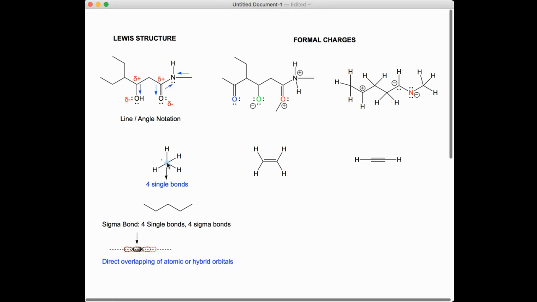And any carbon having 4 single bonds, every single bond will be sigma. Yes, right here there is a node, and right here there is a node, a change in the sign of the wave function.